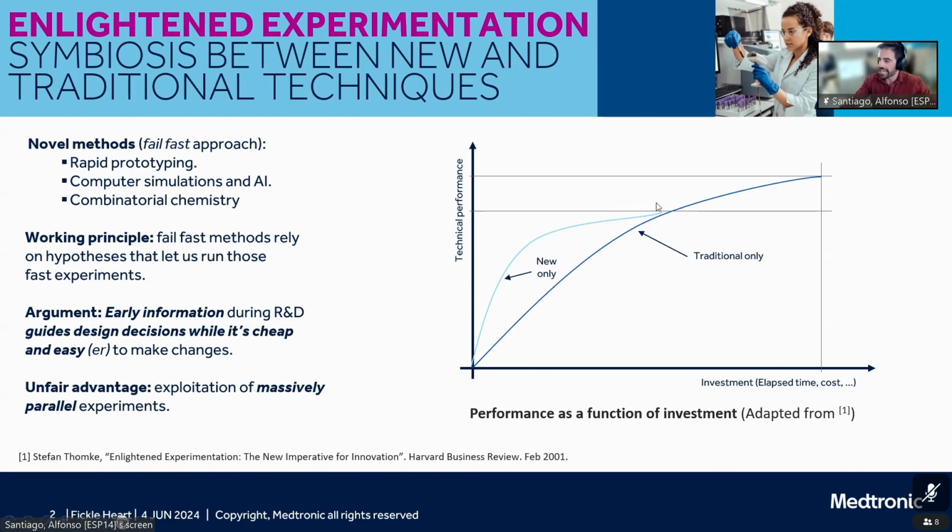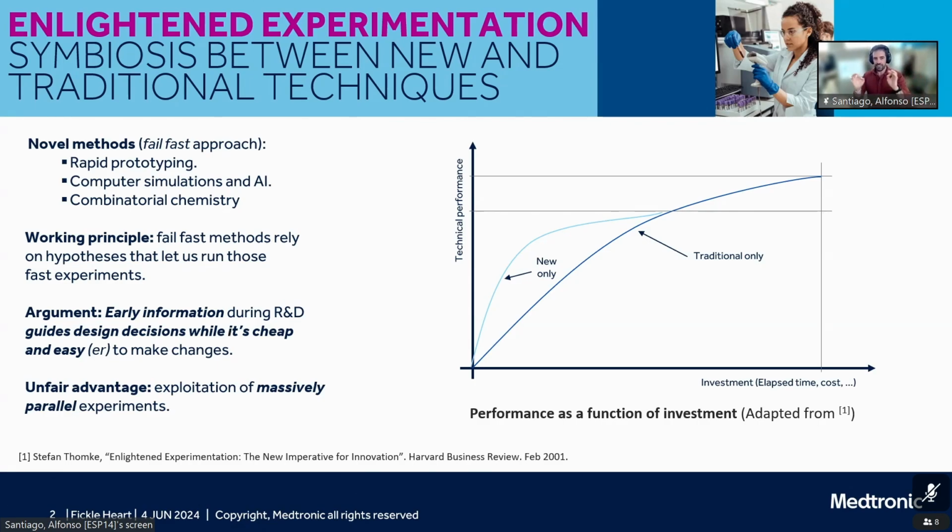So that's why this second curve is showing how the novel fail-fast approaches work. You have some hypotheses that let you run more experiments at a faster pace. The technical performance won't be the same, because you will have some hypotheses that are limiting your capabilities, but you're iterating much faster.